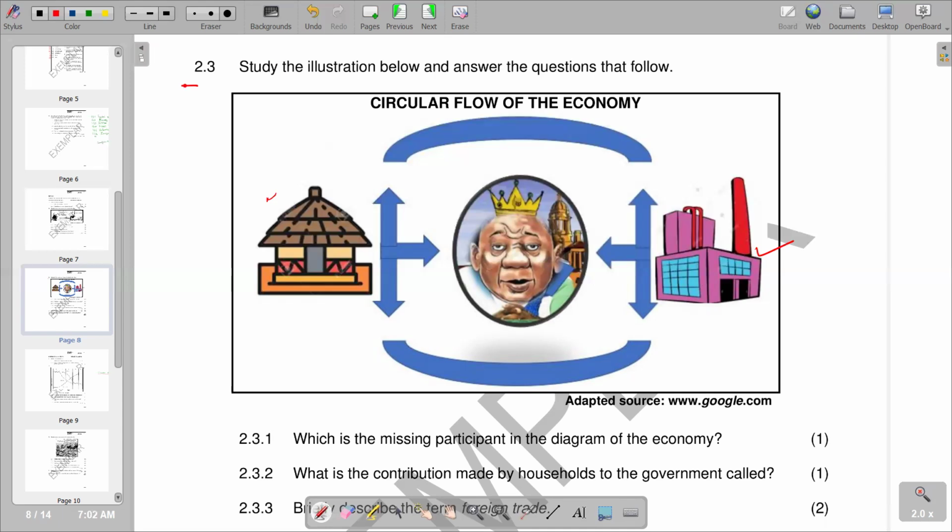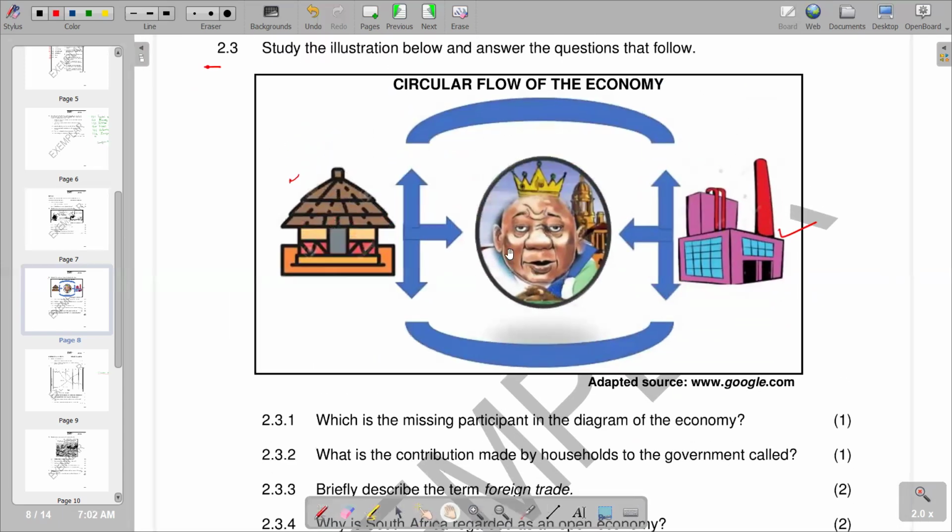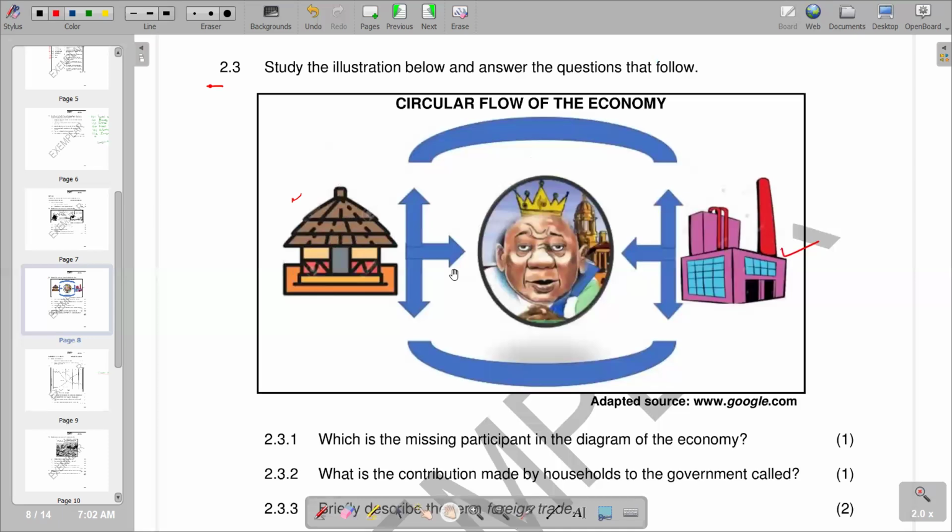If you go down now to the question, 2.3.1 reads, which is the missing participant in the diagram of the economy? From the look of things, we are not having the foreign sector. The foreign sector is not being indicated there. Remember, we are also going to have a foreign sector being part of the circular flow.